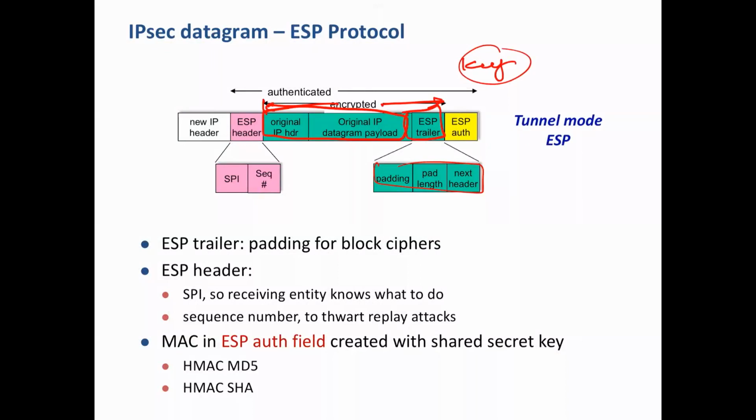Now add to this the ESP header, because it will have the index corresponding to Bob's database and the sequence number. The sequence number is required to avoid replay attacks. Now to this you add a new IP header. The new IP header corresponds to the gateway source IP, gateway destination IP, and so on.